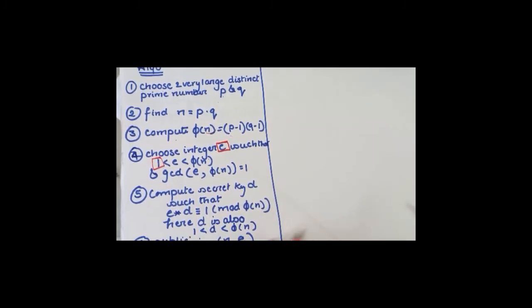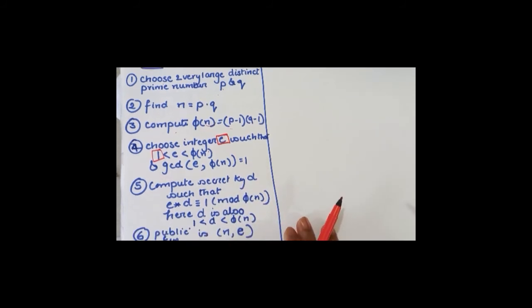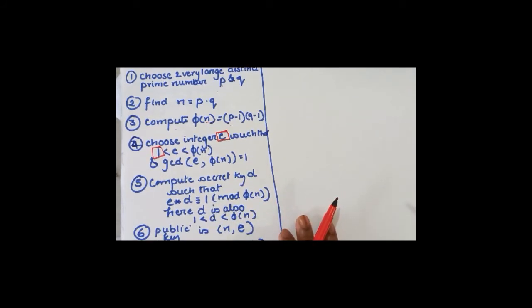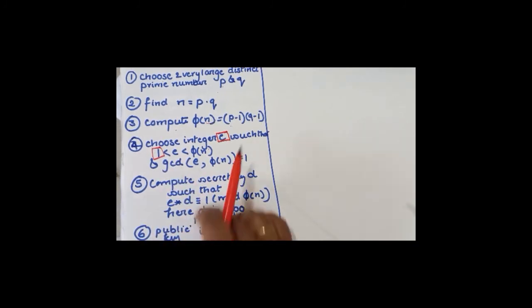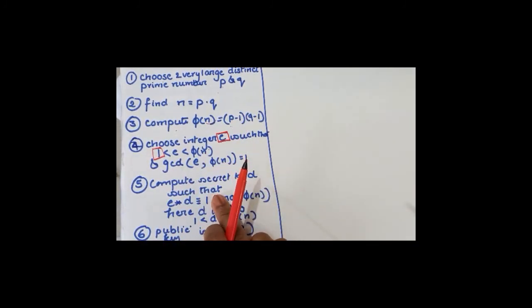Also you have to remember one more thing, that the GCD, greatest common divisor of e and the totient function, must be equal to 1. That is, e and the totient function must be relatively prime.